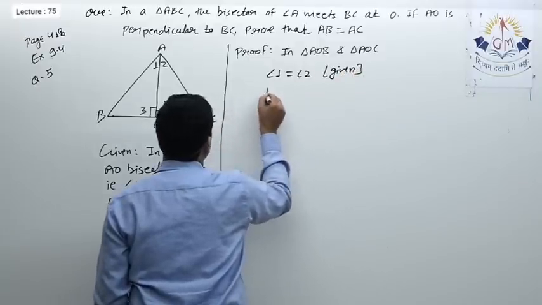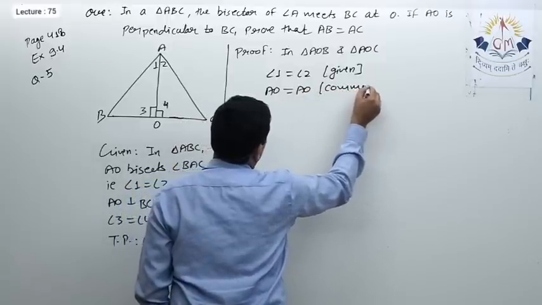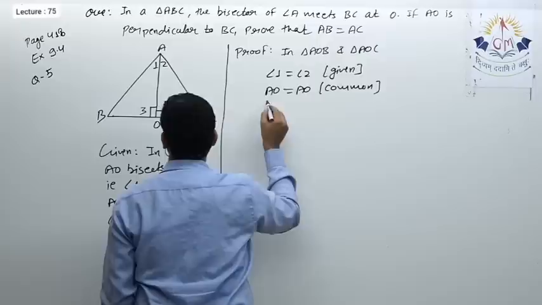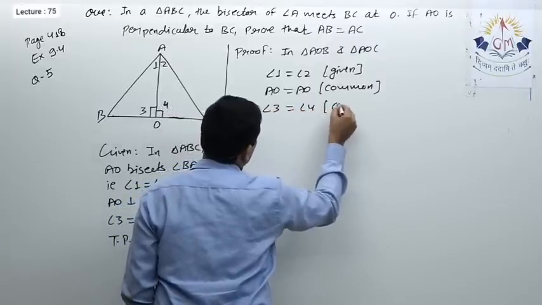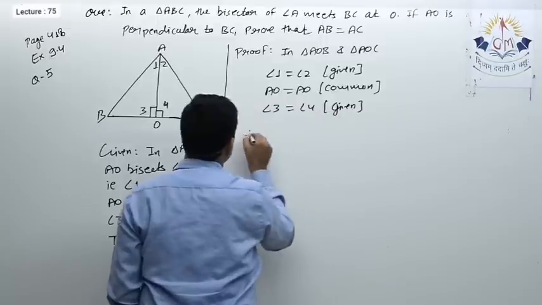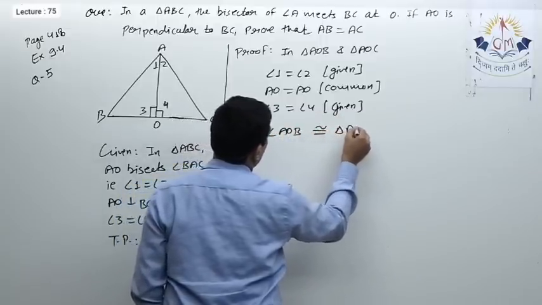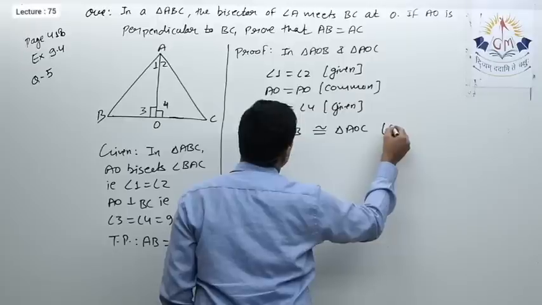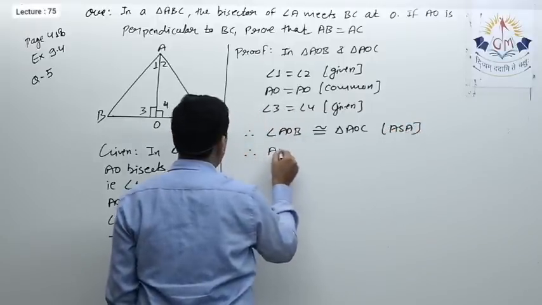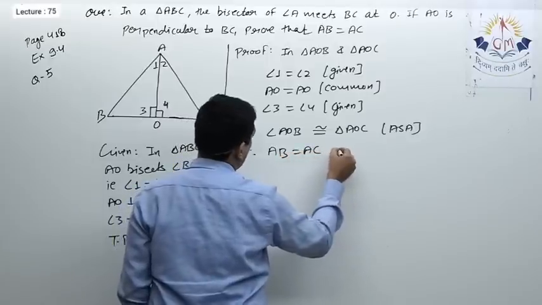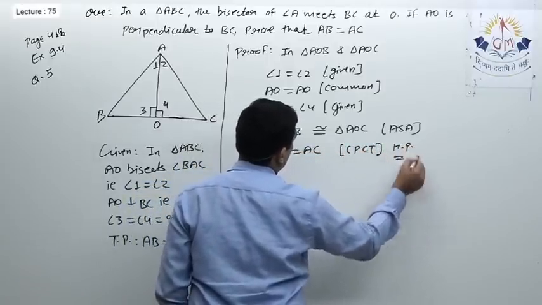AO is equal to AO, that is common, and angle 3 is equal to angle 4, that is again given. Therefore triangle AOB is congruent to triangle AOC by angle side angle, and hence AB is equal to AC by CPCT. Hence proved.